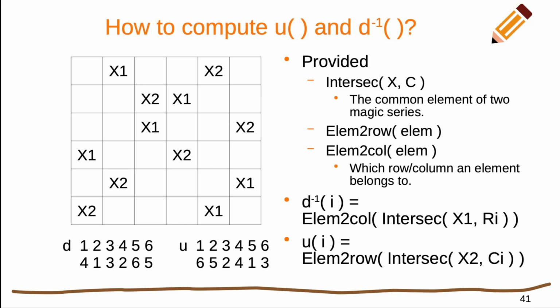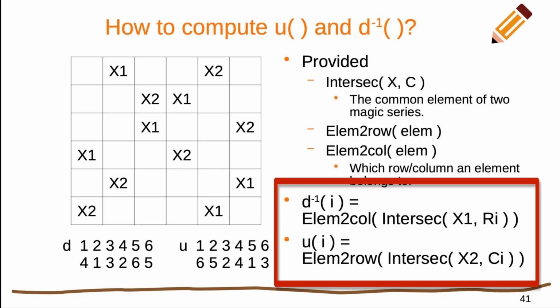Intersect takes two binary coded sets and returns the unique element of their intersection. lm2 row takes an element value and returns the row index where the element is located. lm2 col returns the column index. Using these functions, u and d inverse can be computed with these expressions.